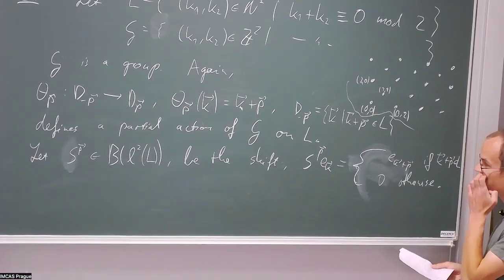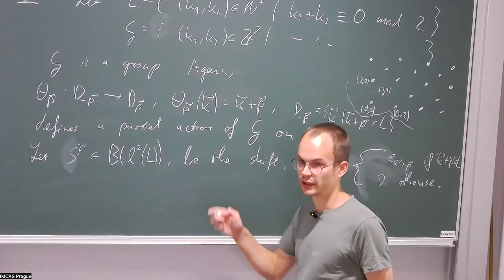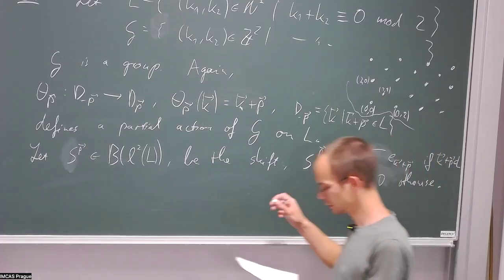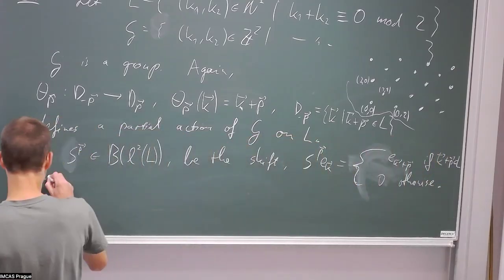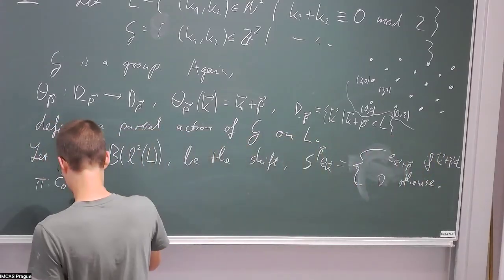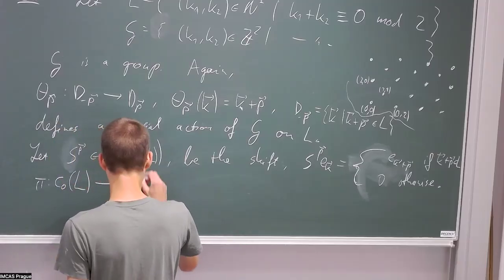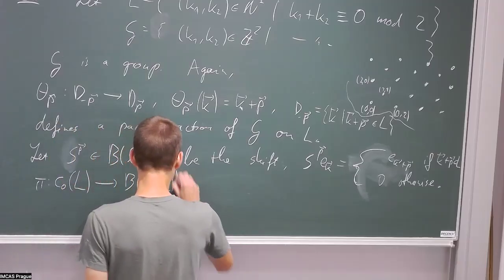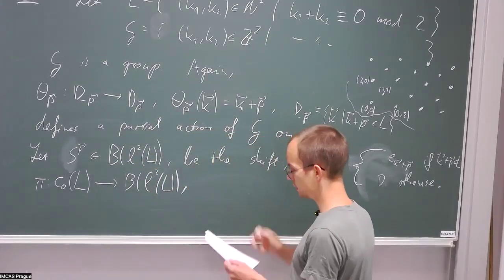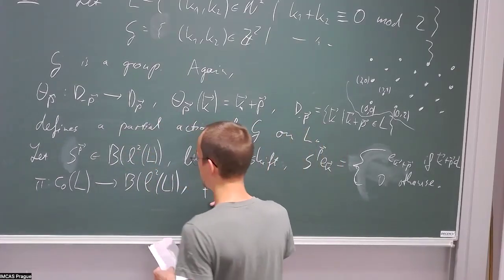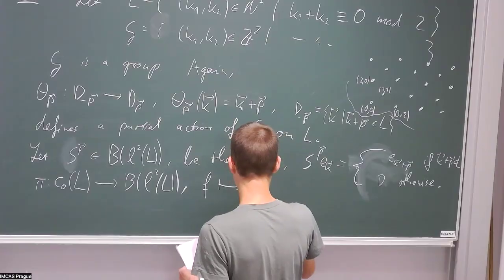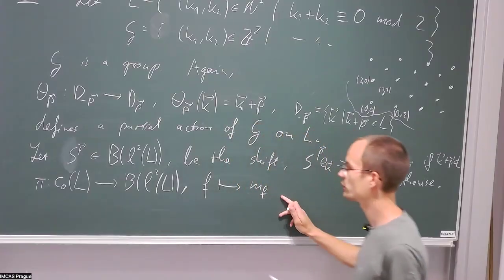Then I can define a covariant representation by saying that pi should go from C naught of L to B of L2 of L. This should send some f in C naught of L to the corresponding multiplication operator.